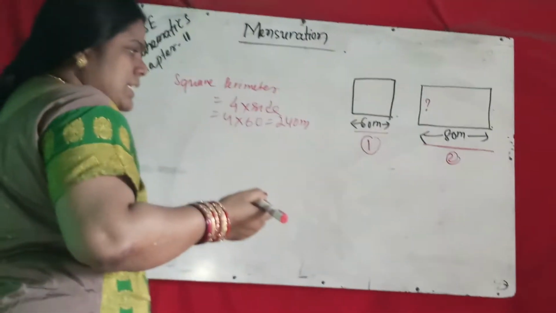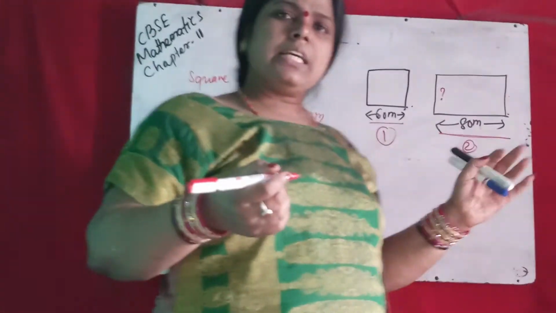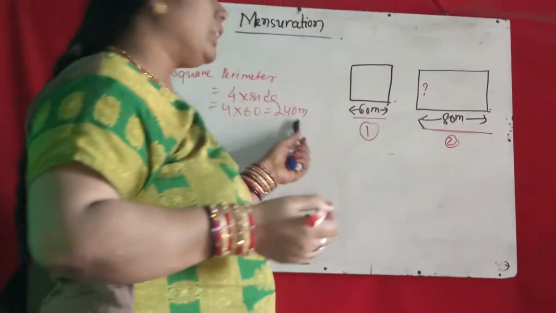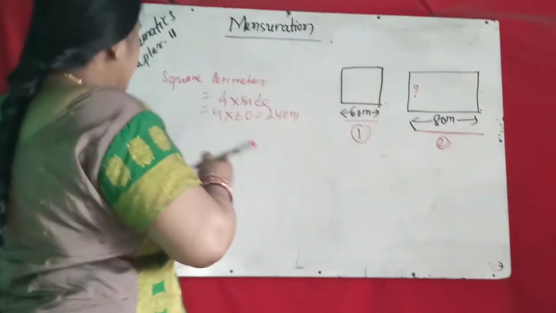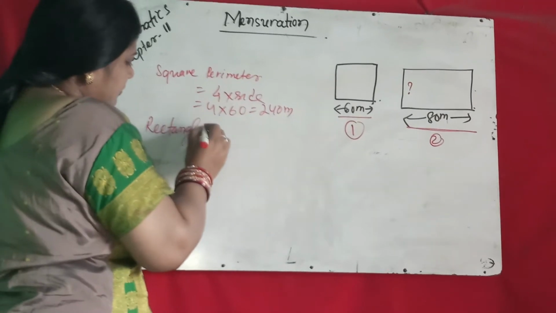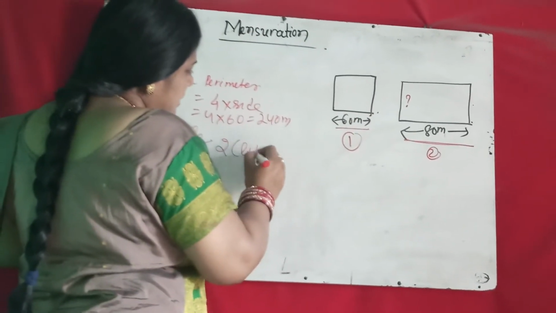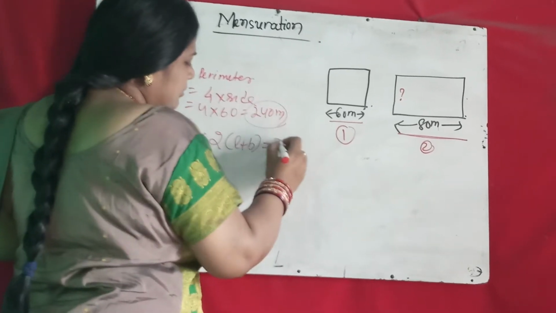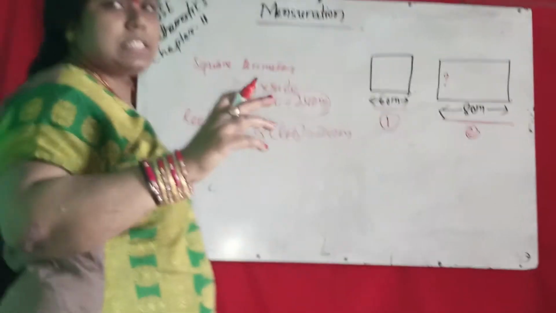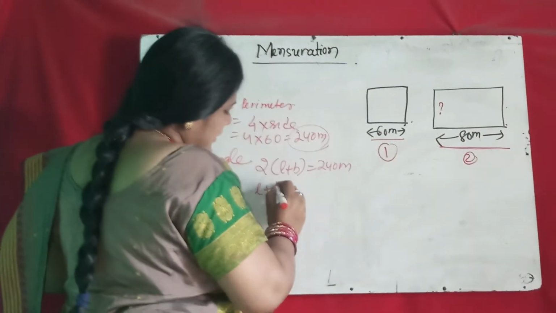So here it says that both figures' perimeter is the same. That means the rectangle's perimeter is also 240 meter. So for the rectangle, 2 into length plus breadth equals 240 meter. Let's solve it.